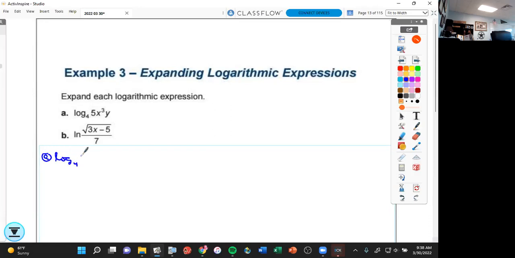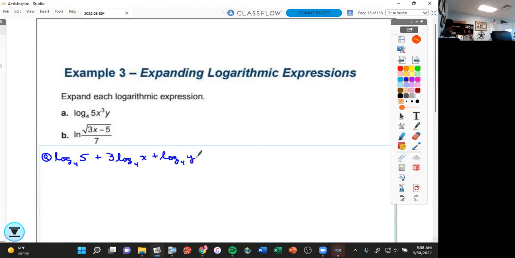Log base 4 of 5, plus 3 log base 4 of x, plus log base 4 of y.